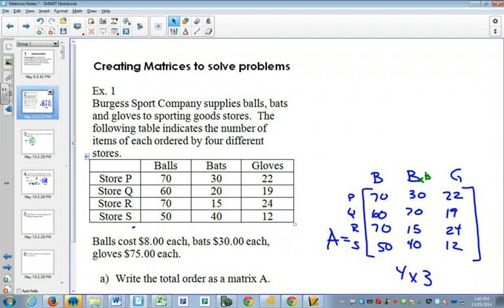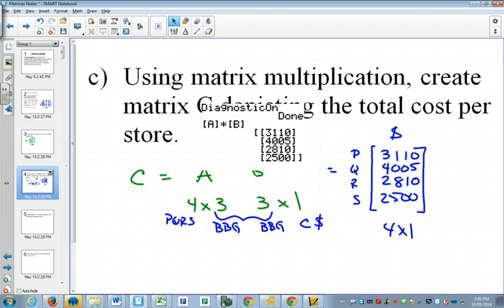But the matrix multiplication lets us do it really quickly. And by looking at what the things stand for, we can see these two are the same. So when I multiply them, I'm going to get the cost for P, Q, R, and S. And you can see what the answer matrix is going to be right away. And it's one push of the button on your calculator, and it gets all the calculations done. So that's sort of the power of matrix multiplication.